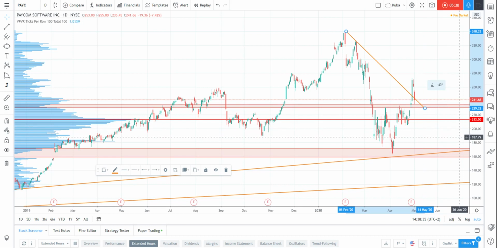So that's the reason why I wait for the first green bar. So where to place a stop? The safest way is to place a stop, let's say, behind the wall. So this is the zone, and the first wall is here, 225.44.